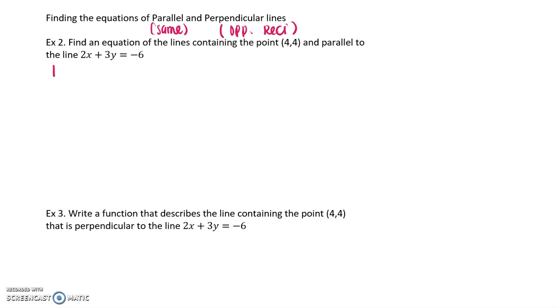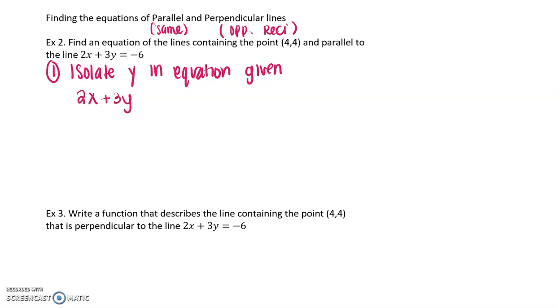Okay, so step 1 is going to be isolate y in the equation given. So let's go ahead and do that. 2x + 3y = -6. I'm going to subtract 2x from both sides, and then divide by 3.